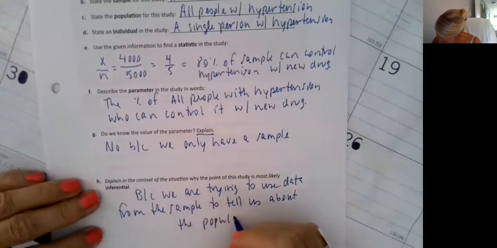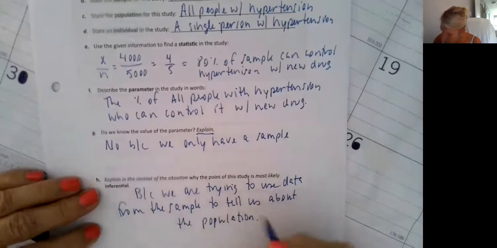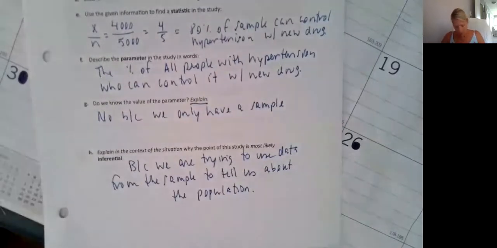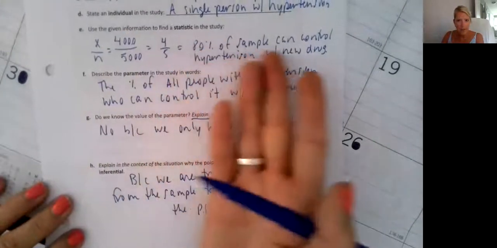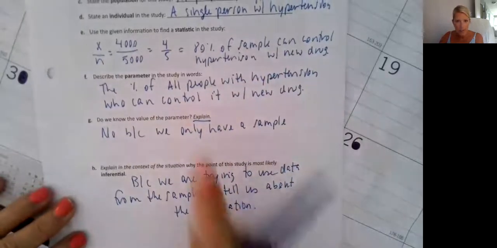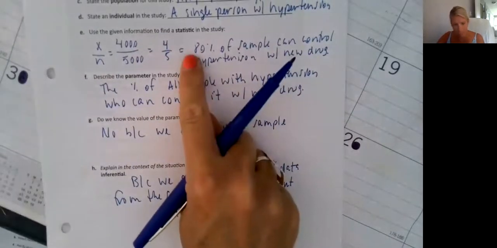We hope. We hope, we hope. Okay, so this statistic that we use here, the percentage of the sample that can control their hypertension, is one way we are going to come up with statistics for data this semester.